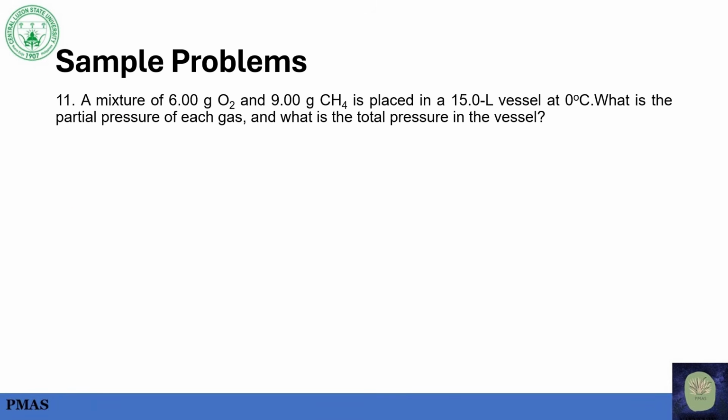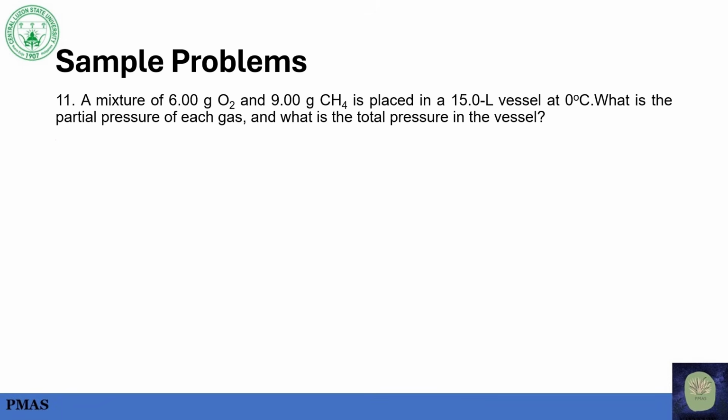Okay, next, a mixture of 6 grams of oxygen and 9 grams of methane, or CH4, is placed in a 15-liter vessel at 0 degrees Celsius. What is the partial pressure of each gas and what is the total pressure in the vessel? So to solve this problem, we must first determine the total pressure, since total pressure is just the summation of the individual or partial pressure of each gas, right?